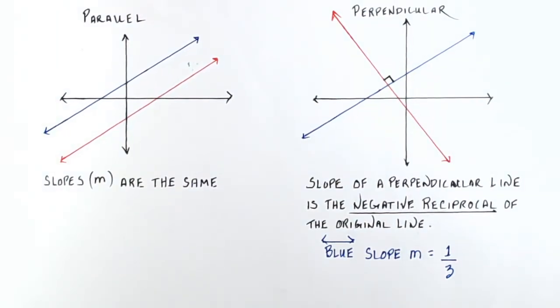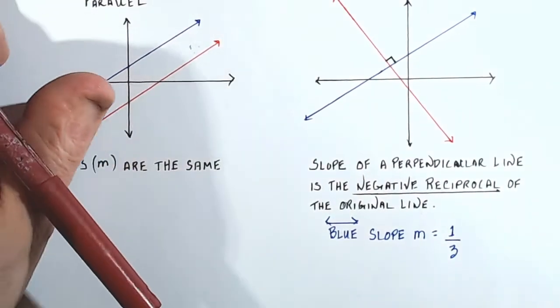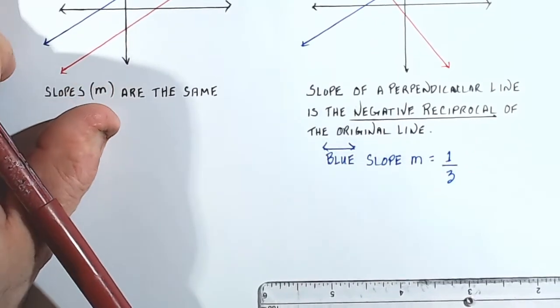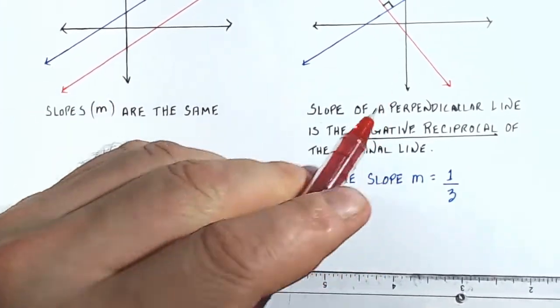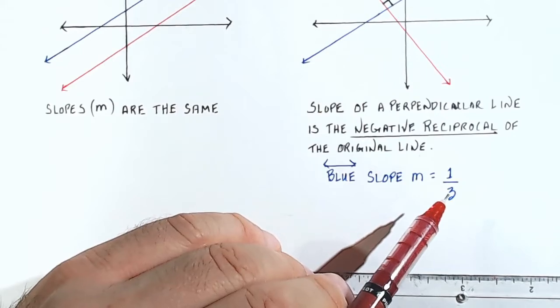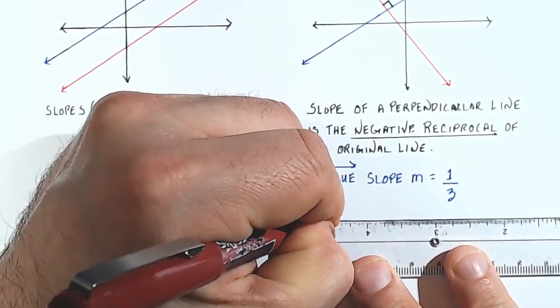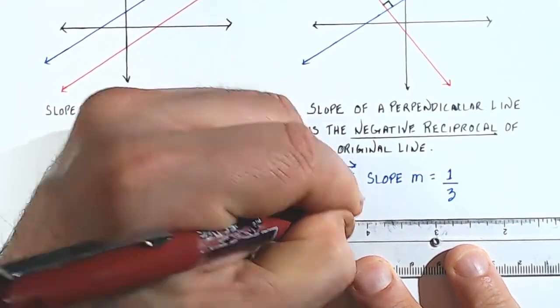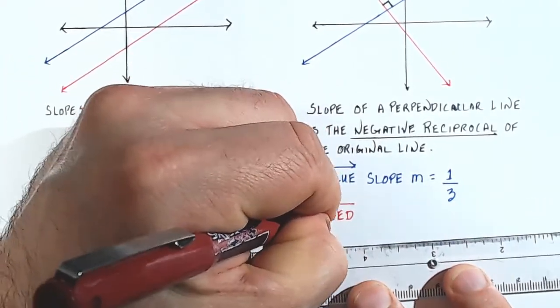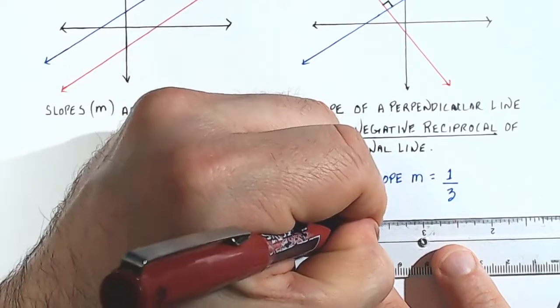Okay, that means that the rise is 1 and the run is 3. Now, if that's the slope of the blue line, the negative reciprocal would be the slope of the red line. So let me go in here and draw red line slope.